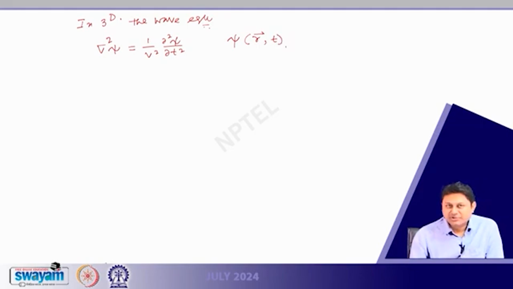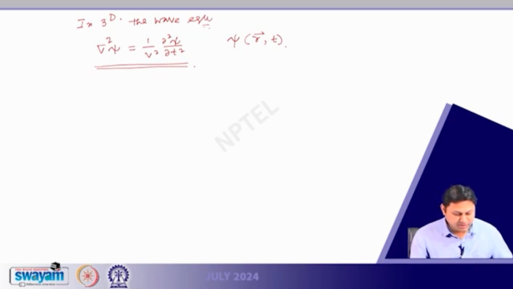And del square is the Laplacian operator. Depending on the system, we can write the del square operator, and this is the wave equation for a 3-dimensional wave.